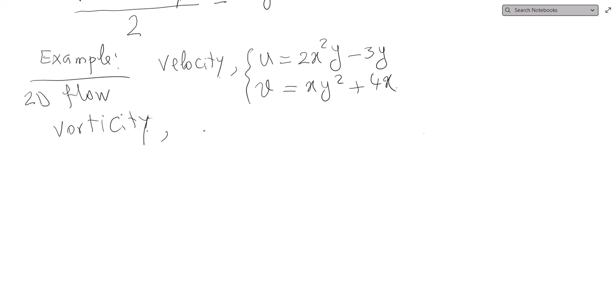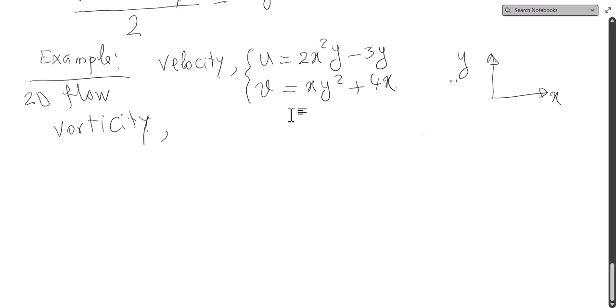Okay, so I calculate the curl of my u. Because this is 2D in the xy coordinates, the curl would be perpendicular to this plane, as a cross product of two vectors, or you can do it any way that you feel comfortable to calculate the curl.